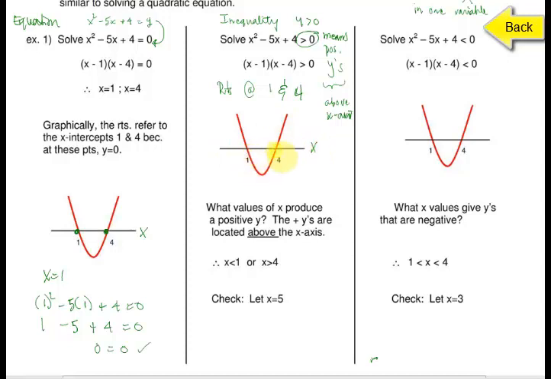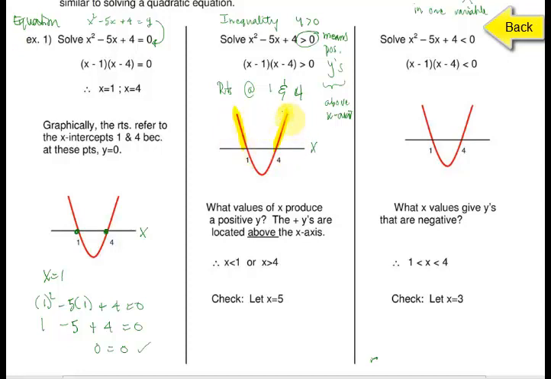We have roots at 1 and 4. But the way we interpret our solution is different this time. So what we're looking for are x values that make this expression greater than 0, or if you like, where y is greater than 0. That means everything above the x-axis. And so we are going to highlight the part of the graph which is above the x-axis, because that is going to be our solution region.